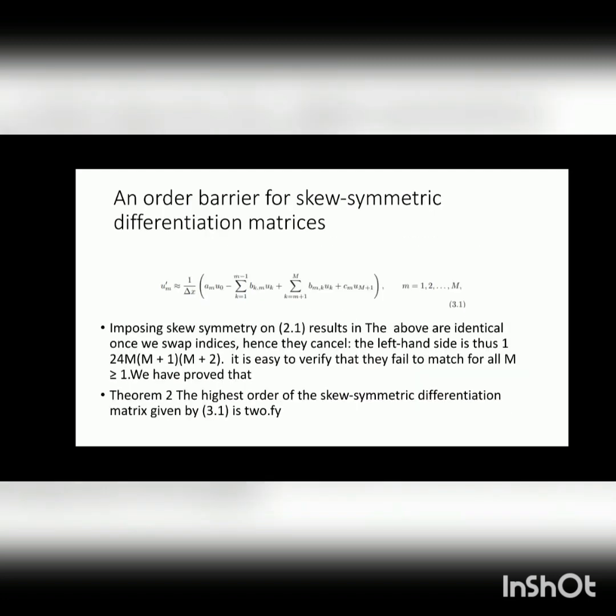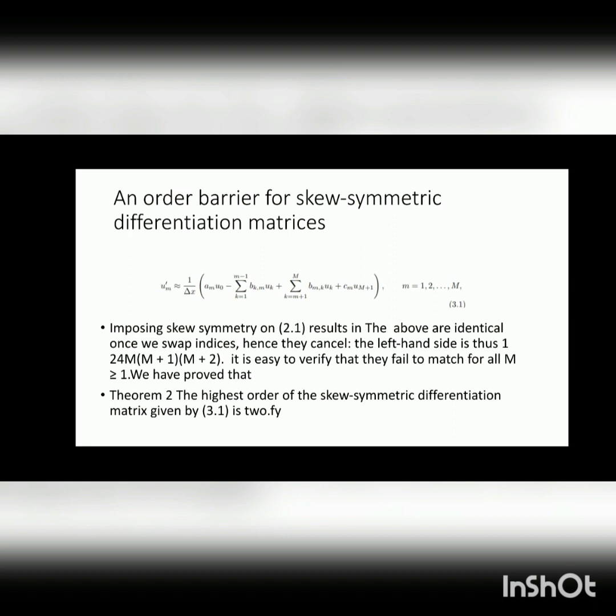Let's move on to the next subtopic on skew symmetric: an order barrier for skew symmetric differentiation matrices, and here is the equation given on this slide.